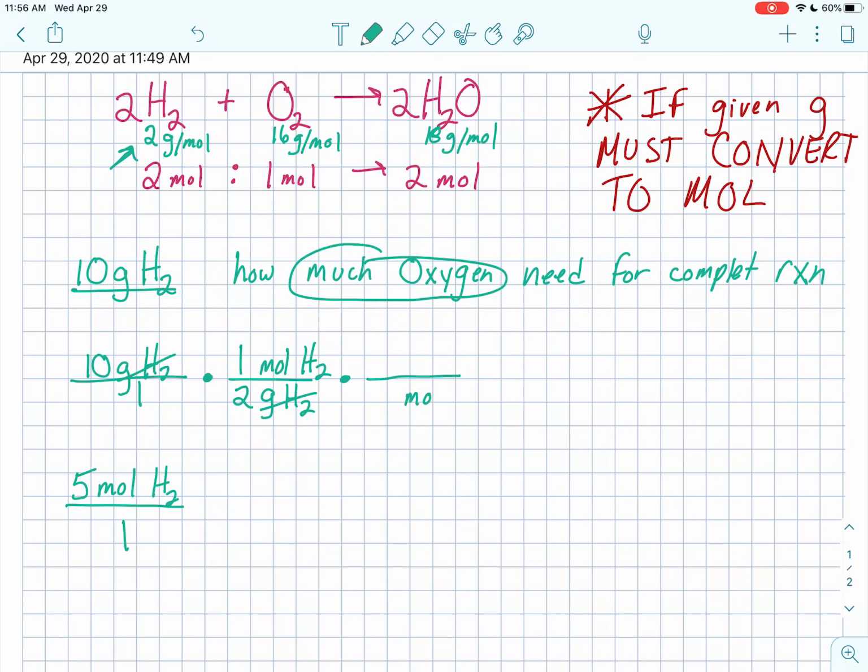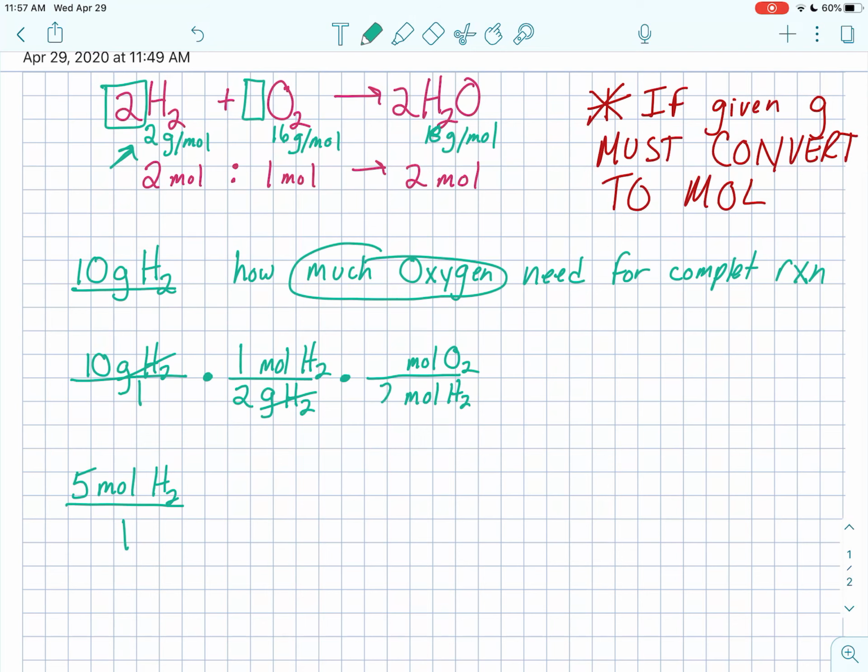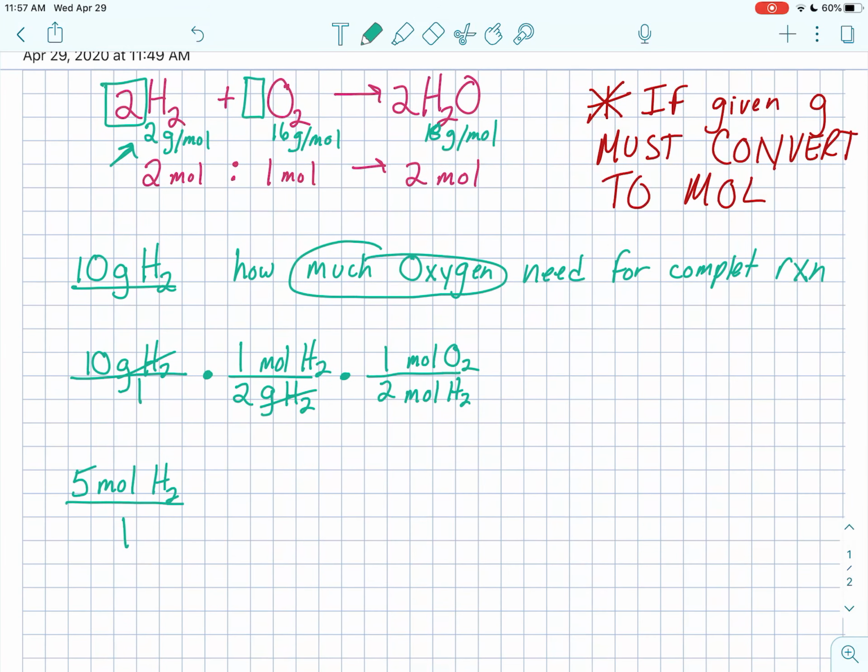So I know that I need it to go from moles of hydrogen, so those need to be on bottom so I can cancel out, and I need to convert it to moles of oxygen. And so by using my formula, I can see that 2 moles of hydrogen are required for every 1 mole of oxygen. So that's exactly what I'm going to write.